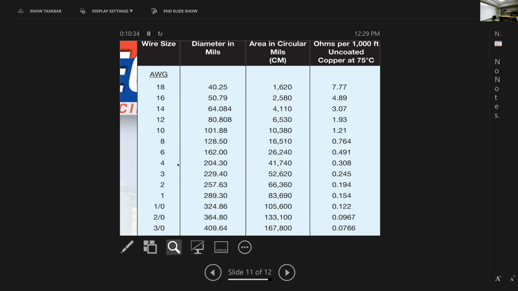So you see how that goes? And it goes down, down, down in resistance as you go larger. 1,000 foot of a number 1 AWG is only 0.154 ohms for 1,000 foot. So the bigger, the less resistance. Everybody cool? So when you go solve a problem, this is one of the go-to charts right here.